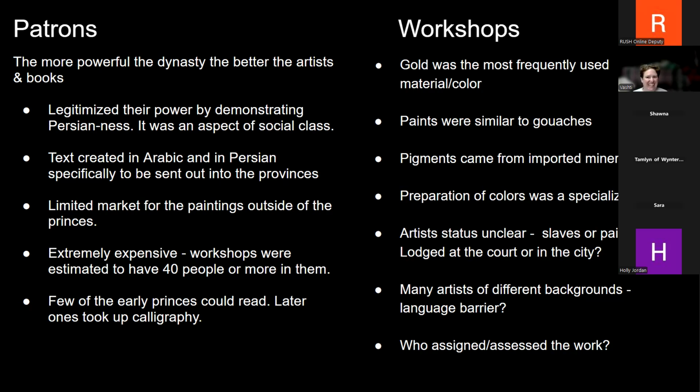But all of that yellow is gold leaf. So these are incredibly expensive pieces, especially when you have a book that has 24 paintings in it like that. Aside from the gold leaf, most of the paints are similar to gouache, and the pigments come imported from all over the world. So even just as a plain color and not something that's gold leaf, it's an expensive thing to get.